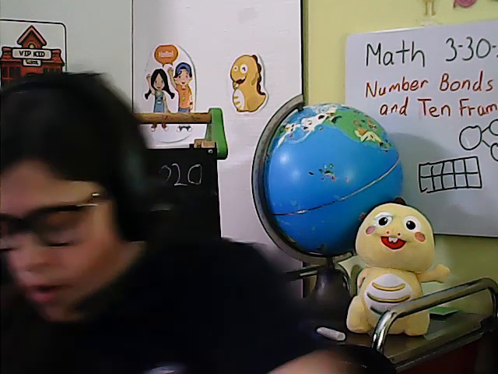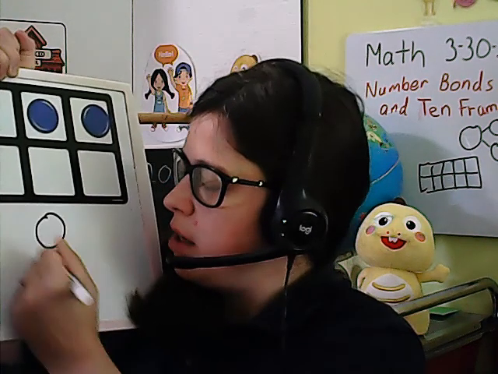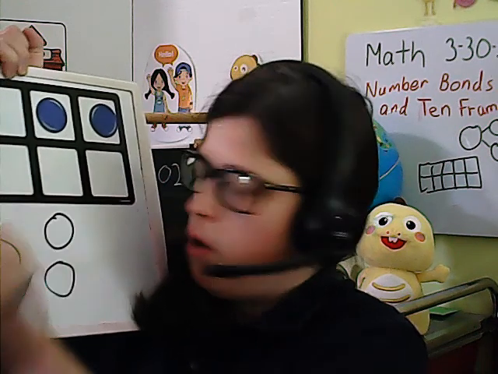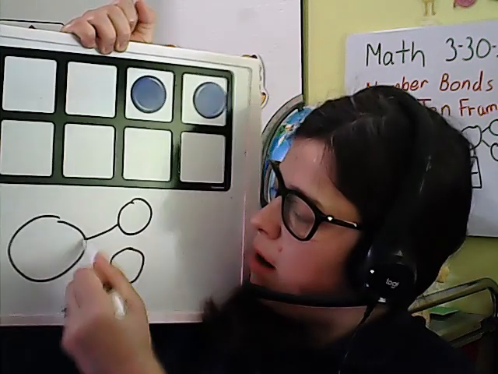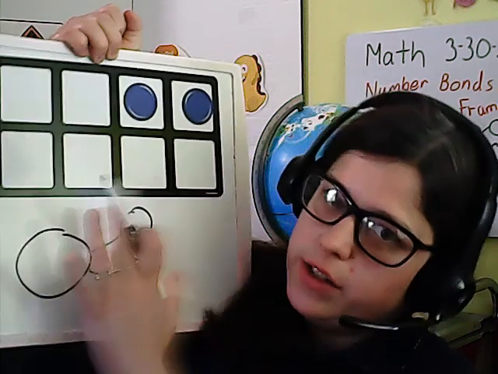Let's play around with our tin frame and you fill in the number bond based on what you see. Remember, the number bond is part, part, whole, with my 2 parts always feeding into my whole.